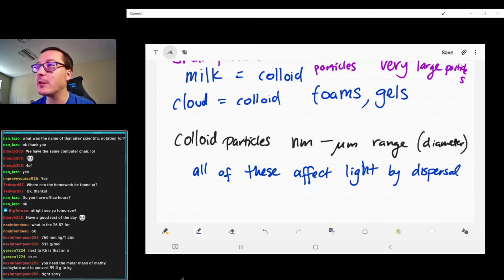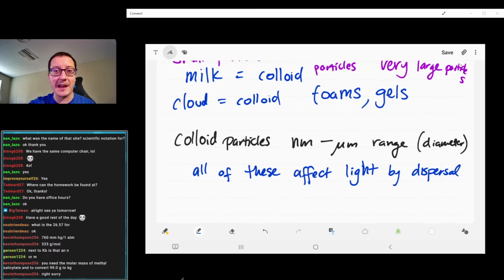So, for example, fog is a colloid. If you're going through fog and you have your headlights on, you're able to see the path of light as it goes through. If you're just driving around on a clear night with your headlights on, you just see things illuminated. You don't really see the path of the light. But as soon as you put that fog in there, you begin to see the light as a beam.